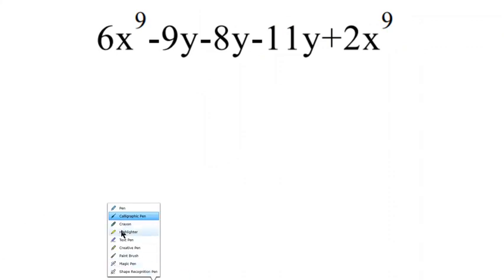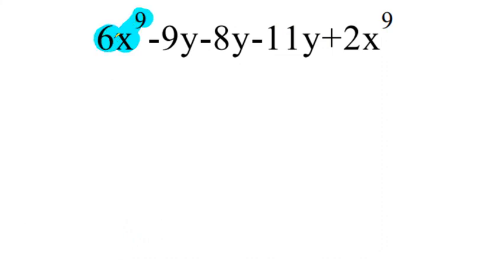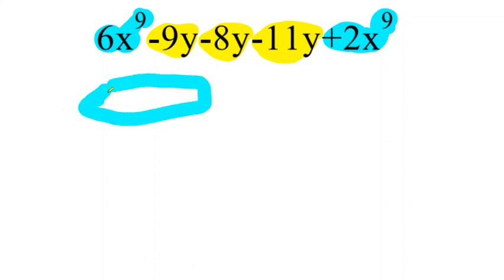Let's try another one. I have an x to the 9th power. There is another one just like it. Then I have y's. Now I can combine my like terms.